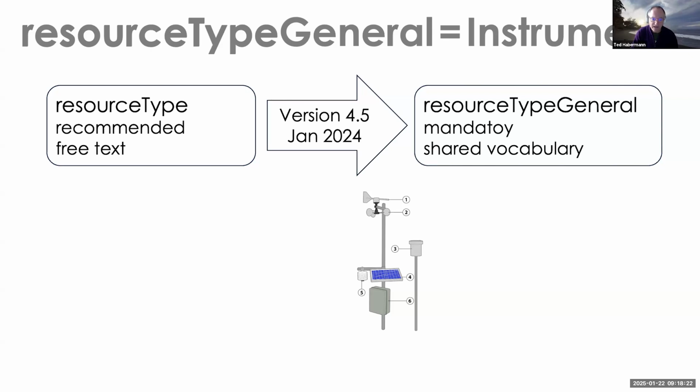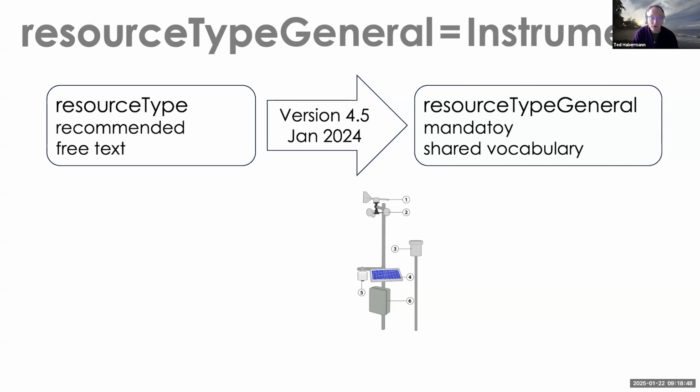In January of last year, with version 4.5 of the schema, instrument became a resource type general. Unfortunately, these aren't great names, but resource type general is a mandatory field. So all records in DataCite have a resource type general, and it's a shared vocabulary that defines those 28 resource types that I mentioned on the last slide.